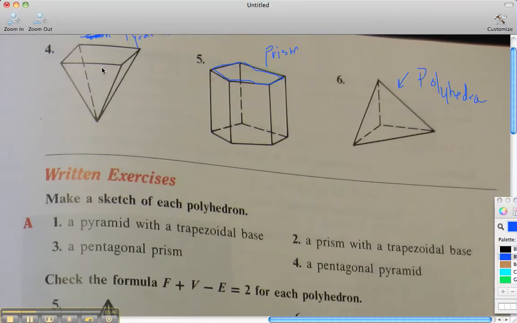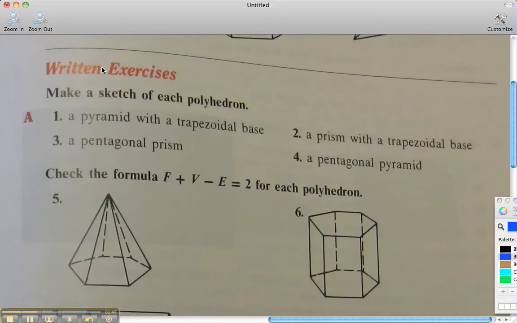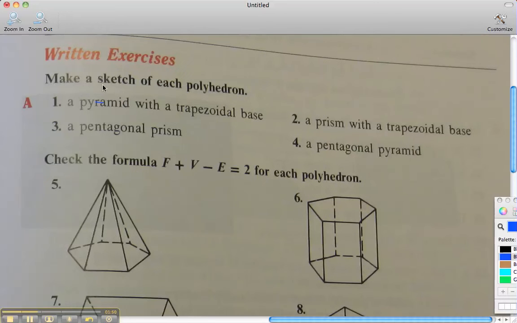So when we come down here, number 1 says make a pyramid with a trapezoidal base. So you would make a trapezoid. You remember what a trapezoid looks like, right? Looks like that. And then to make that, you would just extend up the lines from the vertices.